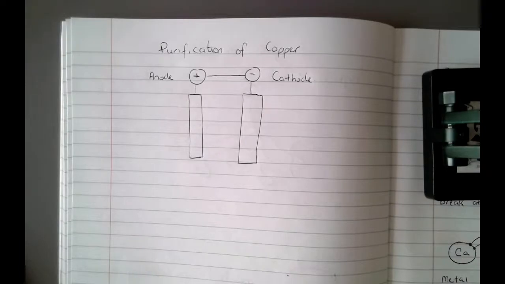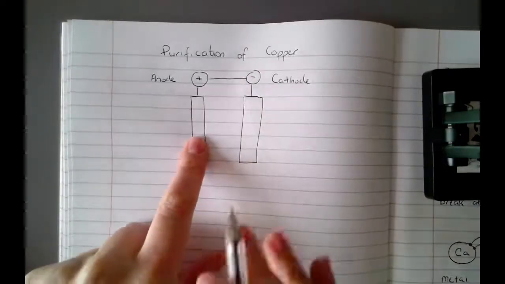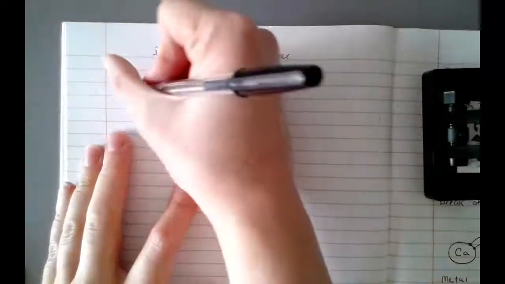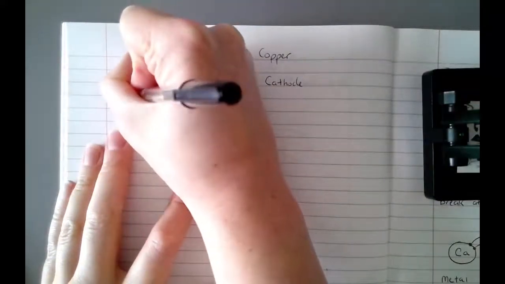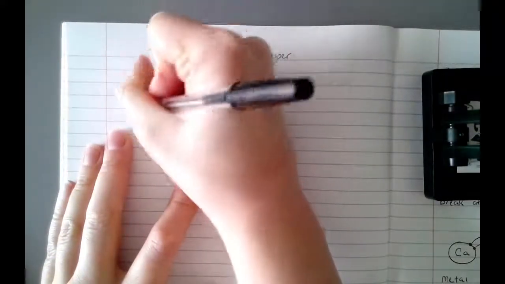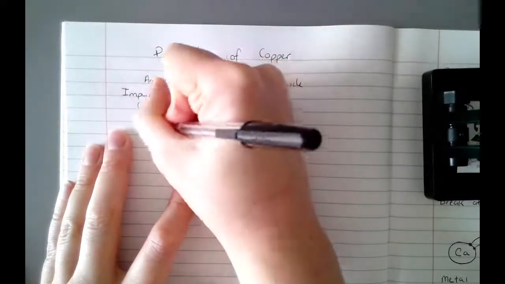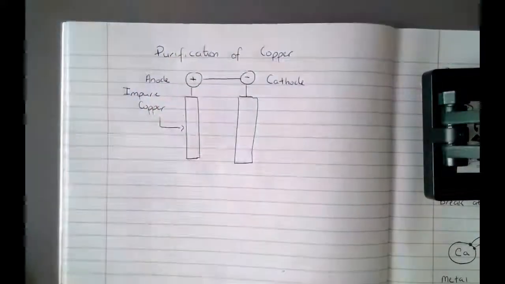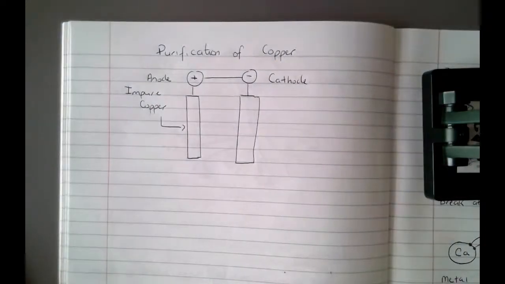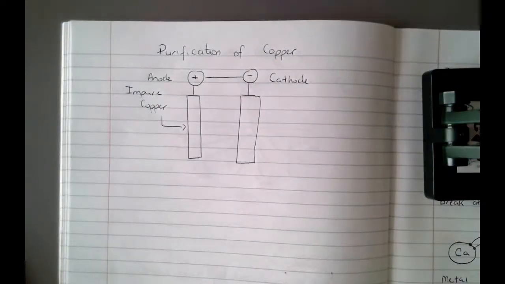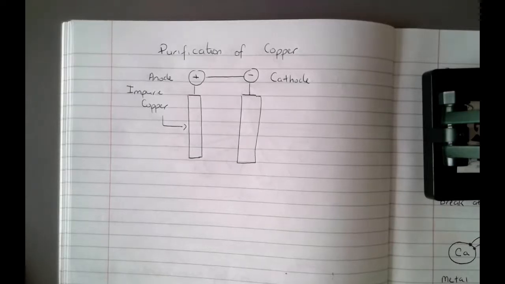In this experiment, the purification of copper, at the anode, we are actually going to place impure copper. So we're not going to be using graphite, we're not going to be using platinum, we're actually going to use impure copper. So you're going to have a piece of metal that contains lots of copper, but it's also got impurities, so it's impure copper.